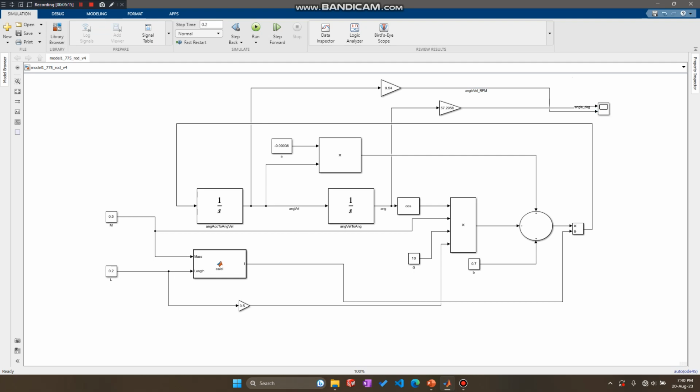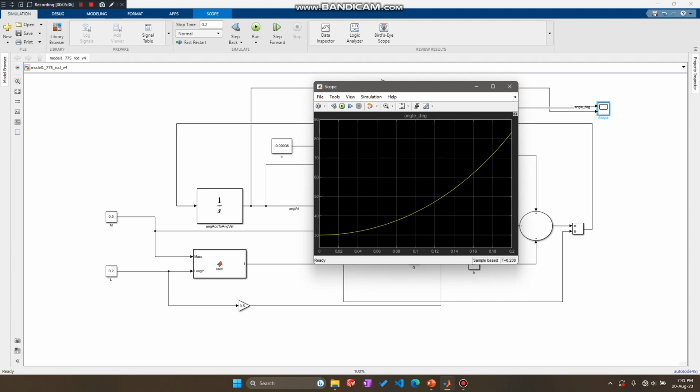The upside to naming signals is, number one, of course, clarity. You know what's going on inside the block diagram. And number two is because if you plot multiple signals on a single scope block, then you can later activate a legend and see which signals are which.